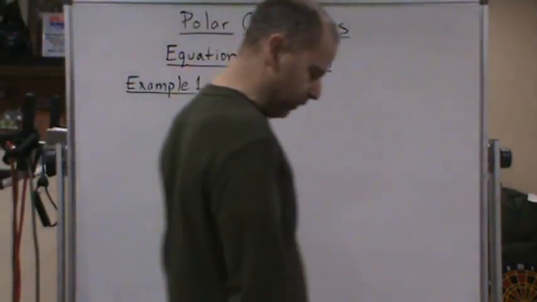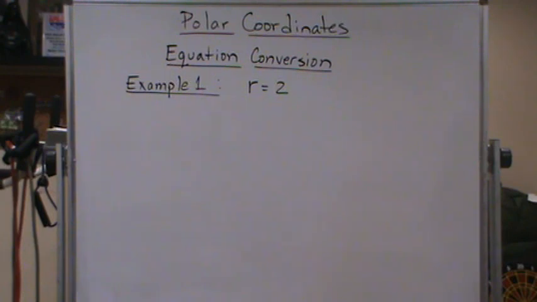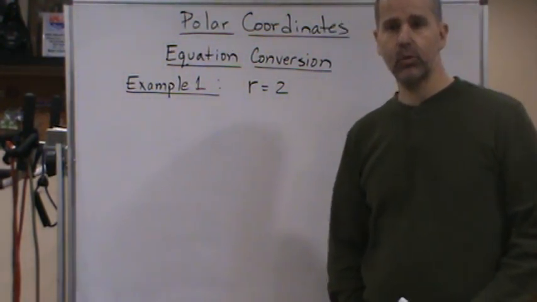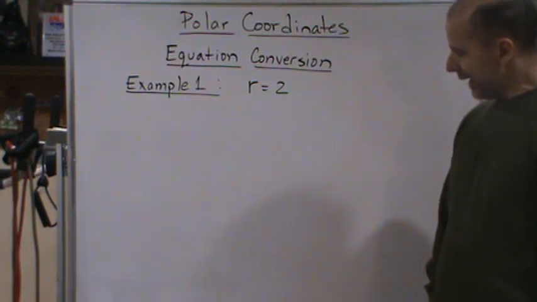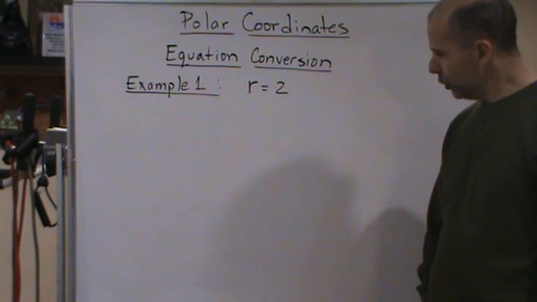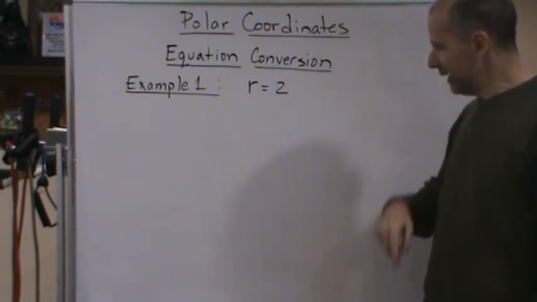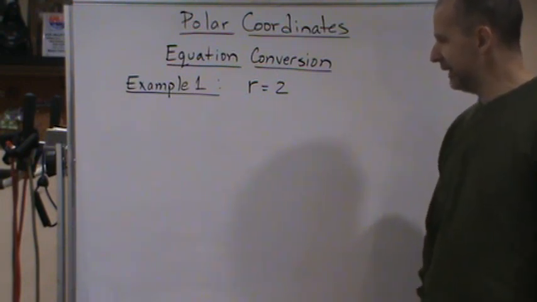Okay, here's an example where they give us a polar equation and they want us to convert it into an equation in rectangular form. Now, at first glance, it looks like, ooh, how in the world am I going to get x and y into that?